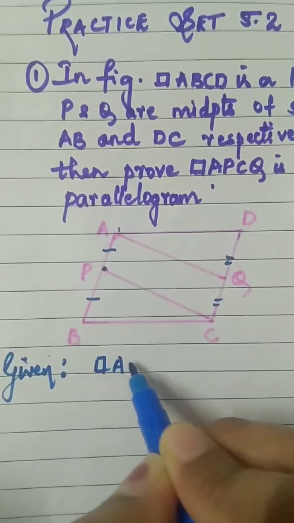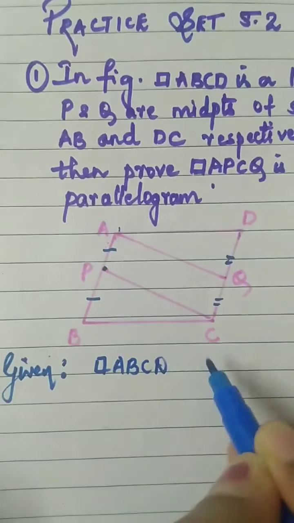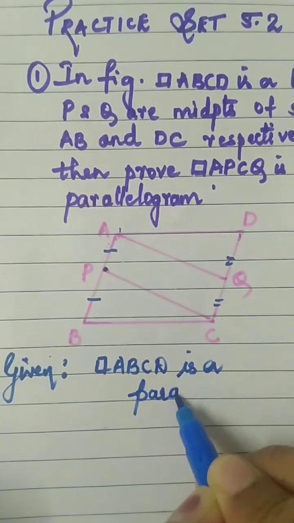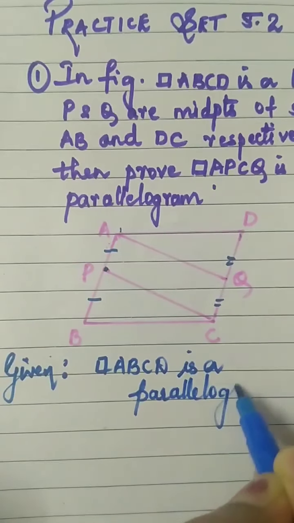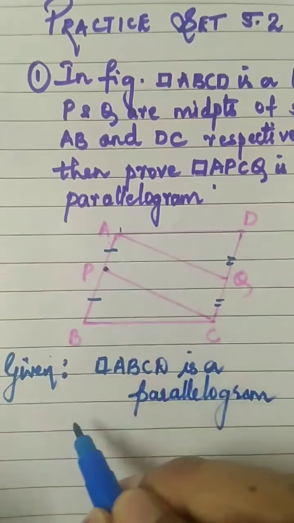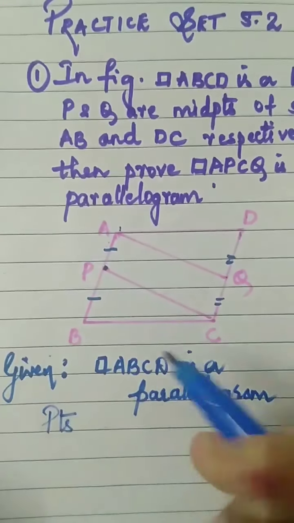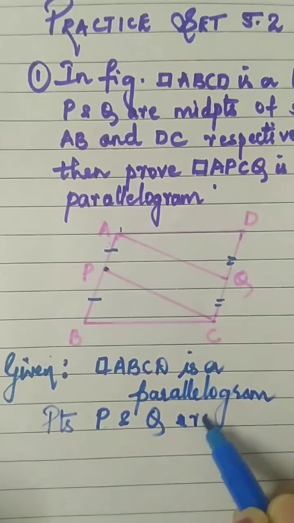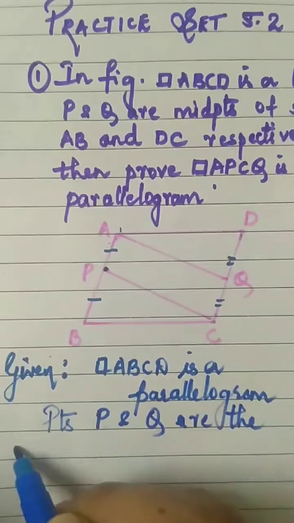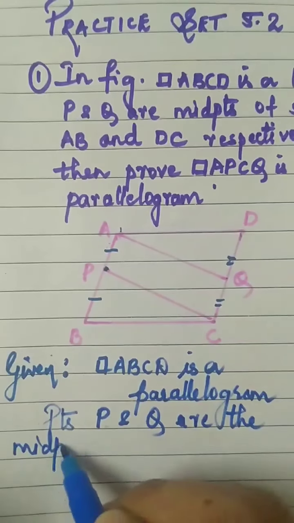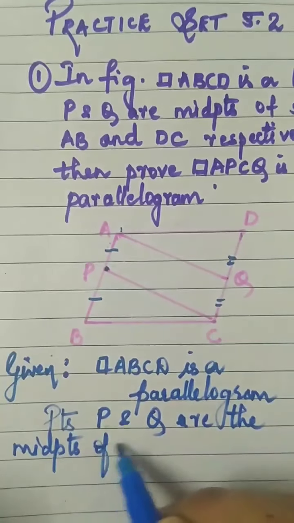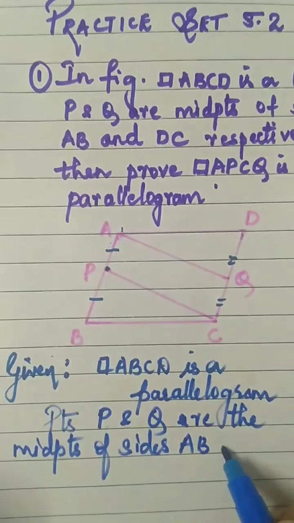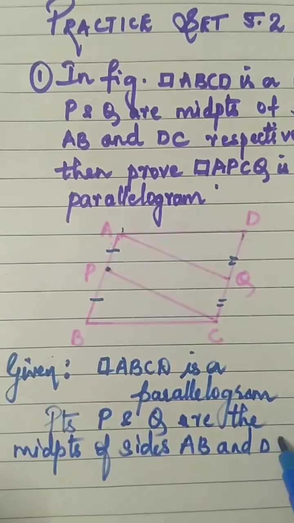Quadrilateral ABCD is a parallelogram. This is given. Then one more thing is given, that is points P and Q are the midpoints of sides AB and DC.